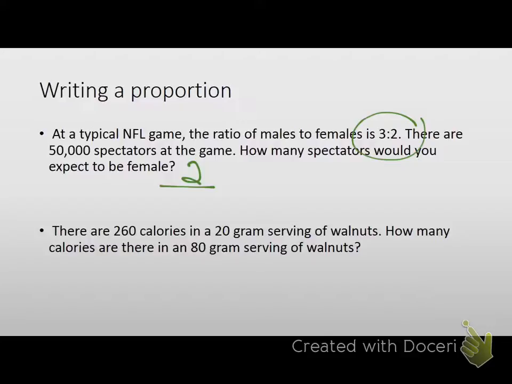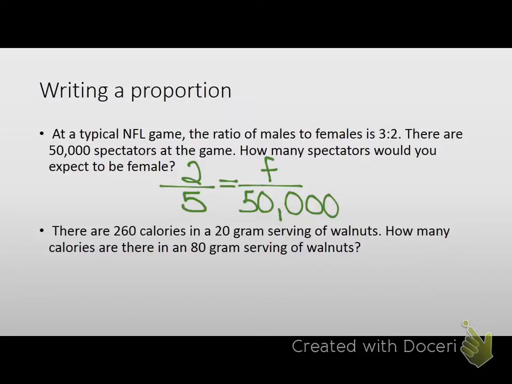So in my ratio, what is my total number of persons? 5. So that is the number I have to use. Why do I have to use the number 5? Because I have to compare the same thing on the other side, and it gives me total spectators. So I have to have the total number that's in my original ratio.